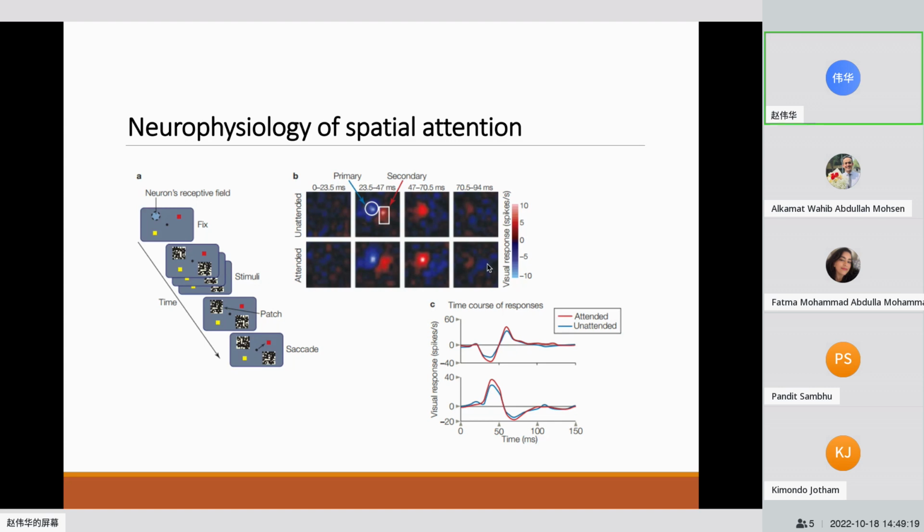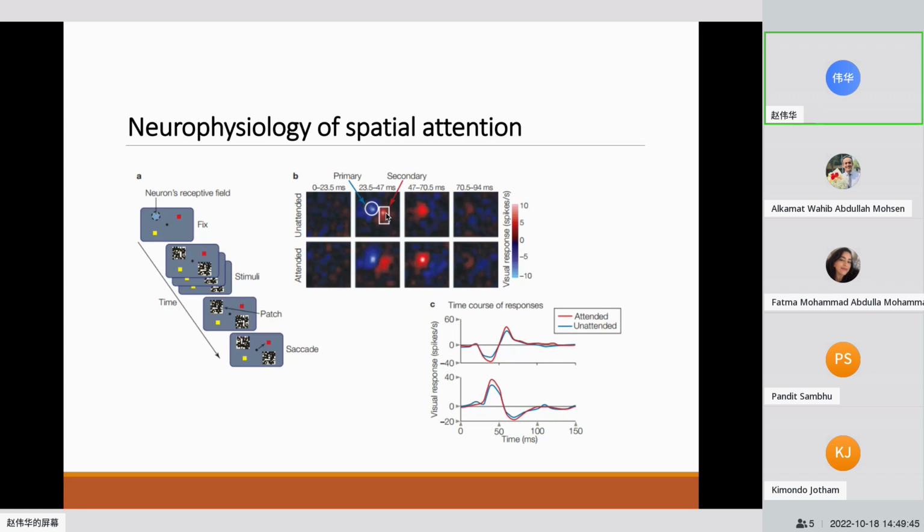The excitatory regions, the red one, and inhibitory regions of the receptive fields are evident. They are largest from 23.5 to 70 milliseconds after the stimulus onset.